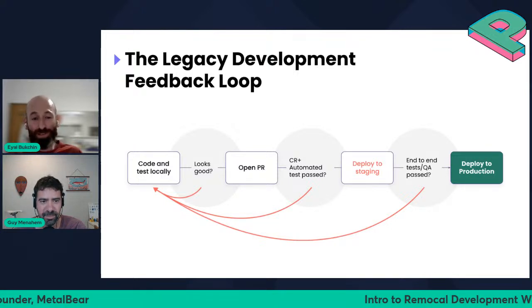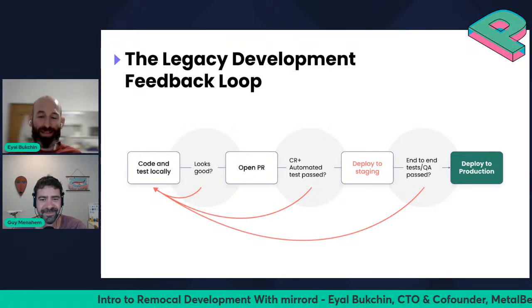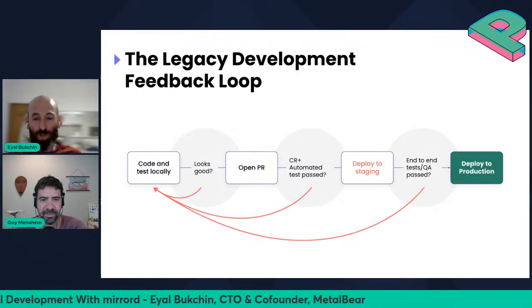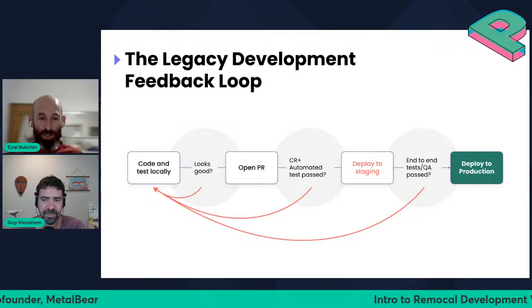But eventually, you have to open a PR and go through CI and a code review. And then after that, you usually deploy to a staging environment, which we define as the most production-like environment the organization has that isn't actually production.